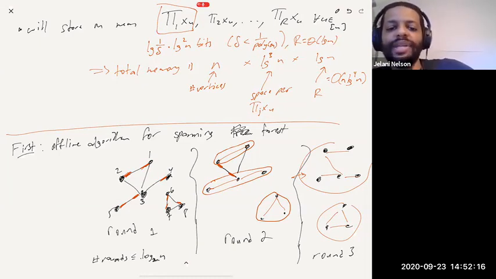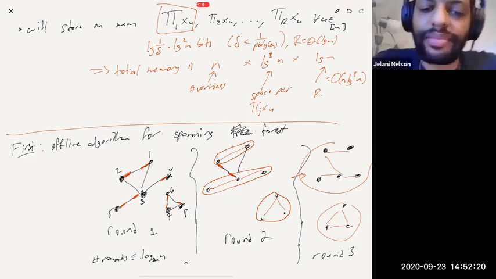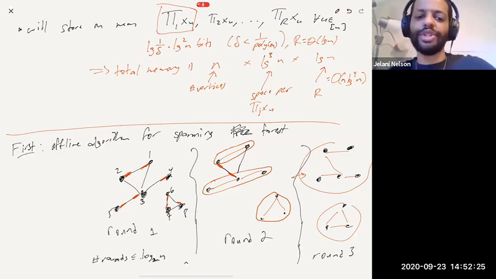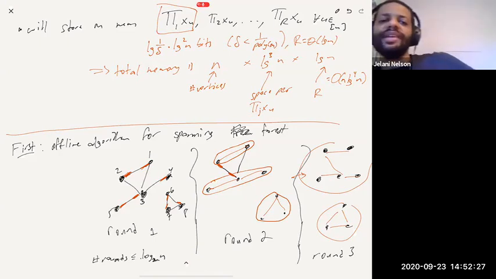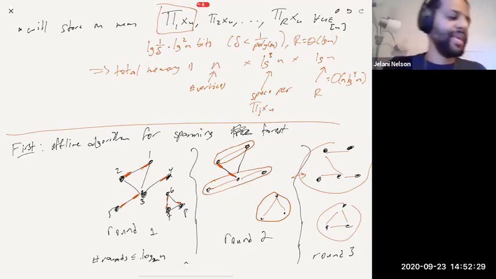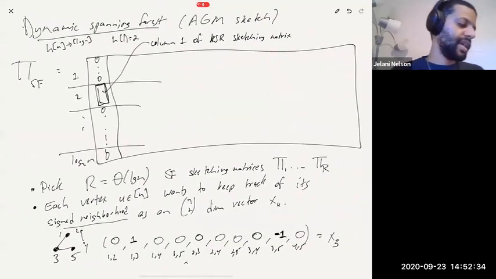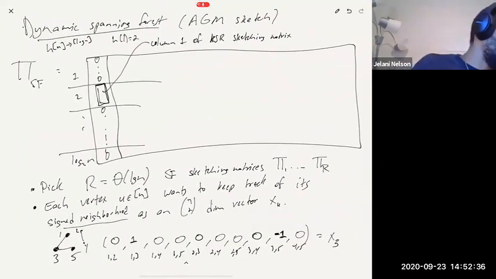Now what? How do we simulate round two? We need to merge vertices along these edges that were chosen. And this is I think where the magic happens. Basically, let's look at this picture again, right? Here's x3.